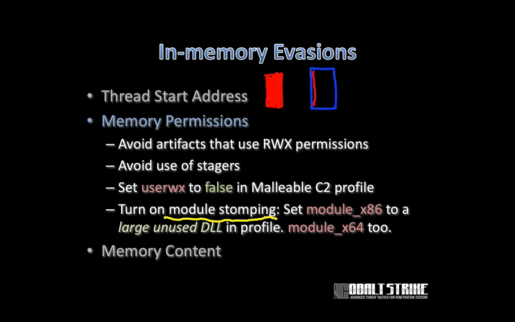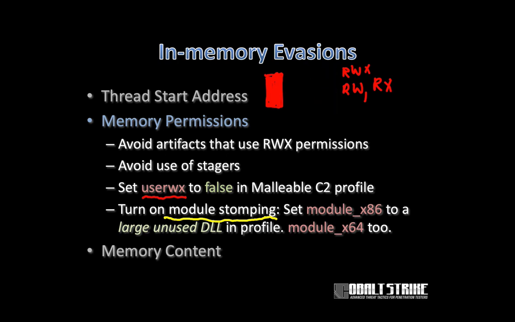It then copies that Beacon DLL over to that memory, and the permissions of this memory are going to depend on the use_RWX flag. Maybe it will be read, write, execute for everything, or a mix of read-write and read-execute, depending on the purpose of each section of our Beacon DLL.